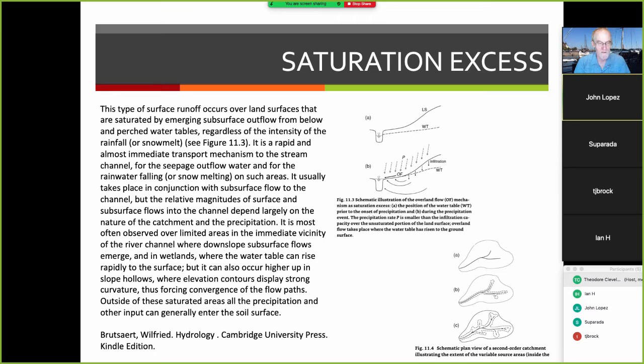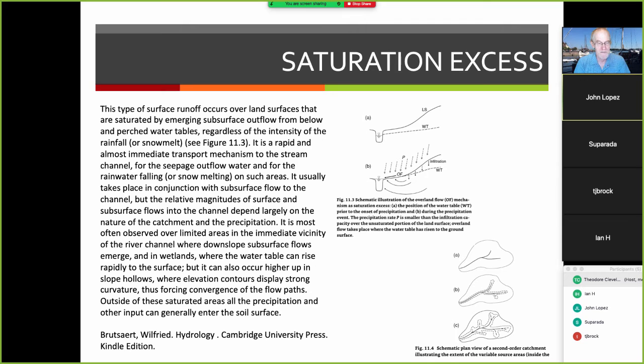But it can also occur higher up in slope hollows, I believe that's pronounced holler, where elevation contours display strong curvature, thus forcing convergence of the flow paths. So that translates to regions of very steep topography. The saturation excess is quite likely.